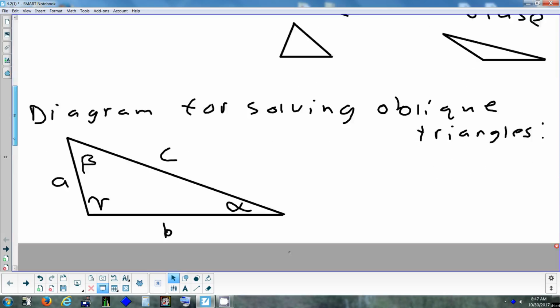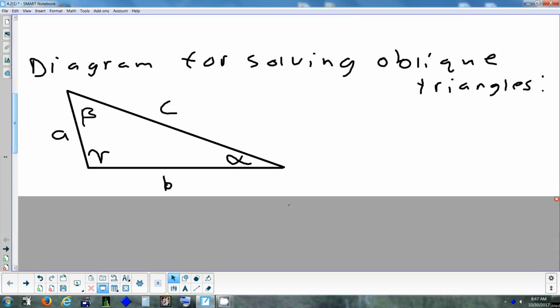So when we solve triangles, what we usually do is we label it with certain letters. We've seen A, B, and C for the sides before, and we're still going to use that same idea. Just remember that C isn't necessarily the longest side.